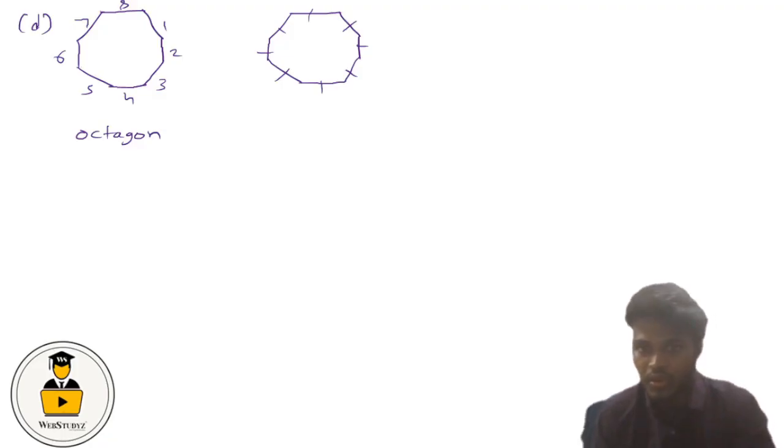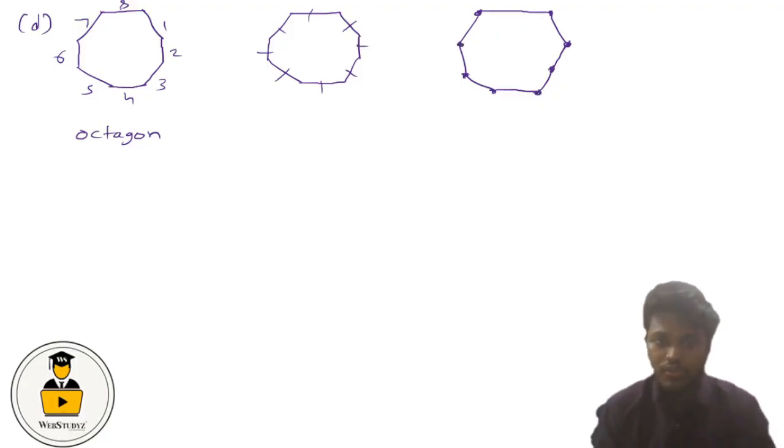So this is one example of an octagon, and we will draw one irregular octagon where not all the sides will be equal. So these are two examples of octagon.